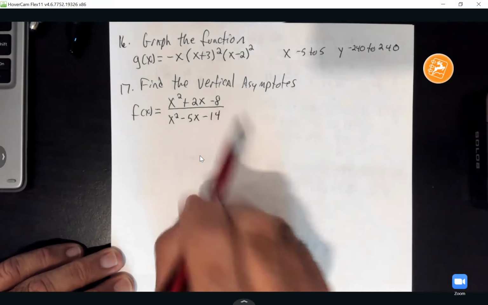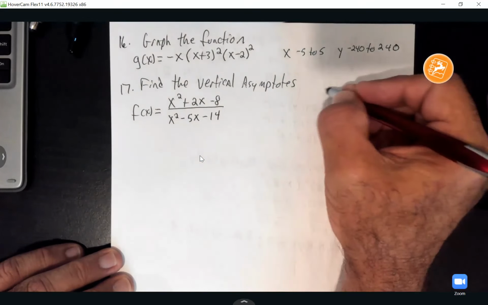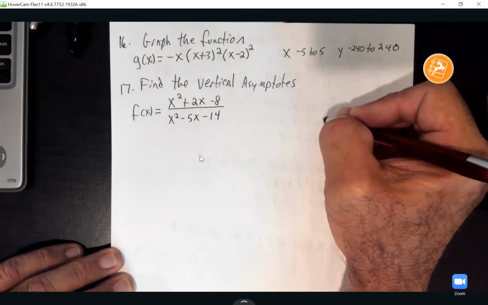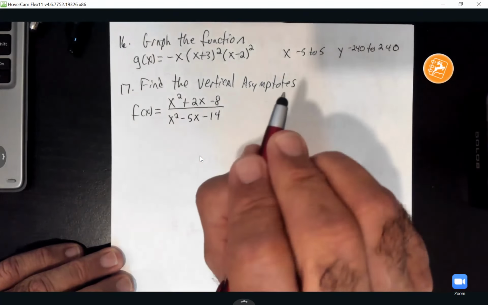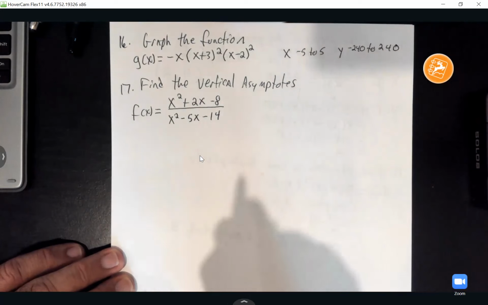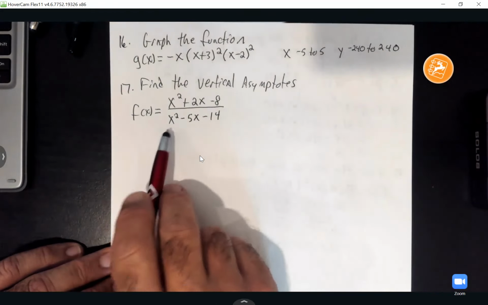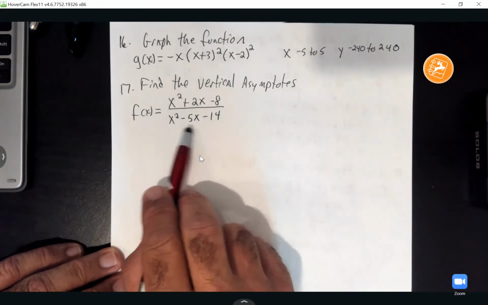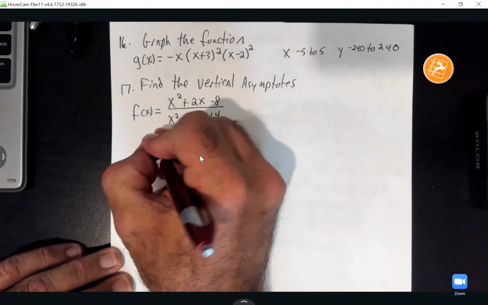So y'all remember, vertical asymptotes are the vertical lines that we got where it was undefined at. And they're going to have the form of an equation, x equals some number. And to find them, we set the bottom equal to 0.